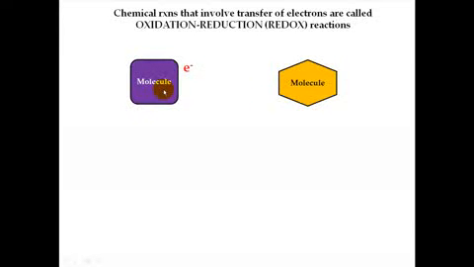Right, so again, in cells, it's rare that it's a naked electron that ends up moving. Instead, it's packaged together with a proton. And so if you remember your basic chemistry, whenever you have a single electron packaged together with a single proton, that's what a hydrogen atom is. Right? So by definition, a hydrogen atom is a thing that has a proton and then an electron spinning around it.